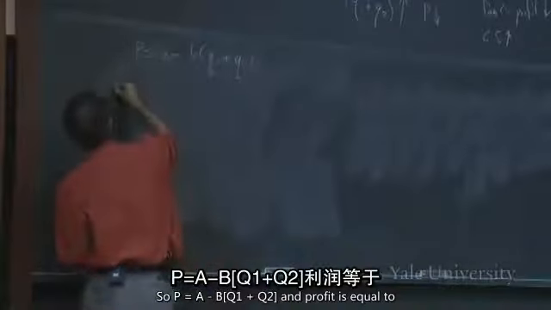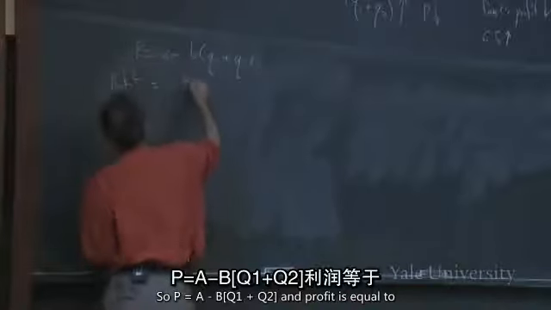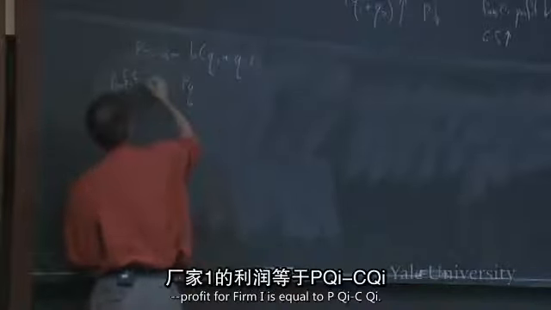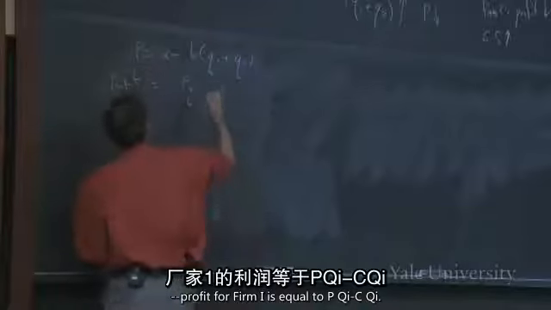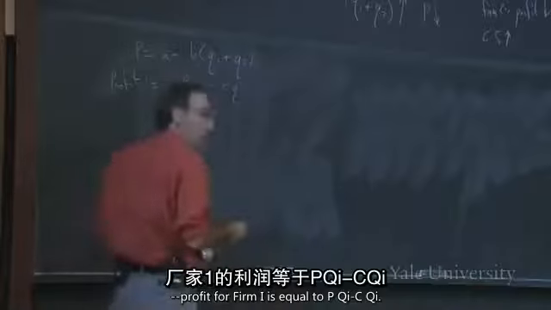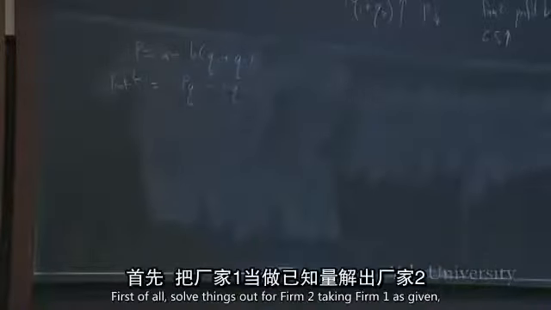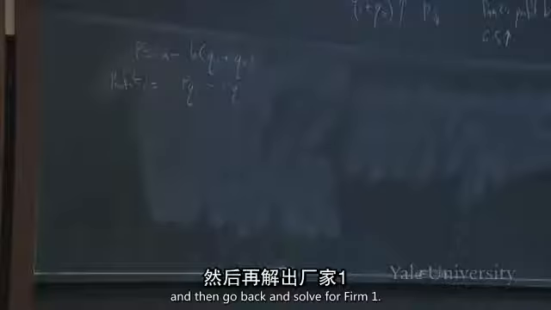And profit for firm i is equal to P Qi minus C Qi. And what we're told to do in backward induction is what? First of all, solve things out for firm 2, taking firm 1 as given, and then go back and solve for firm 1.